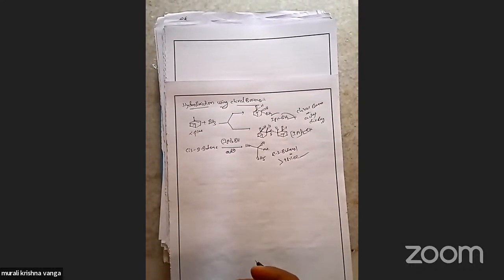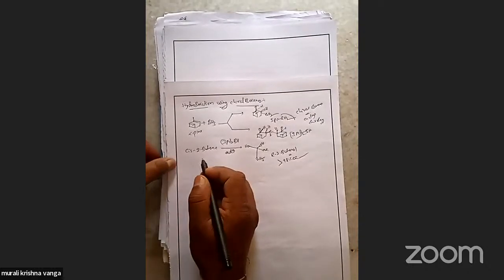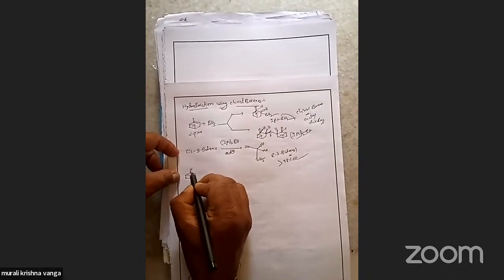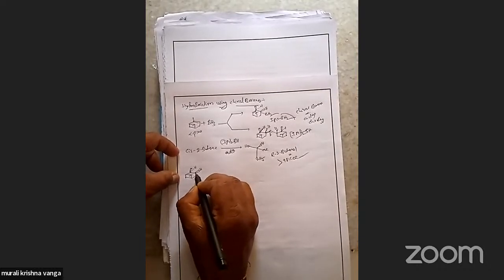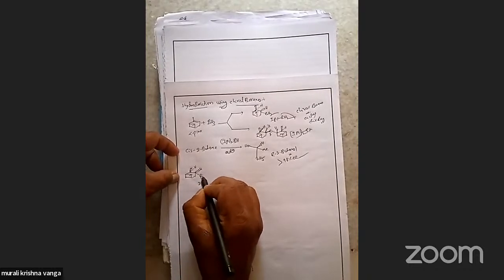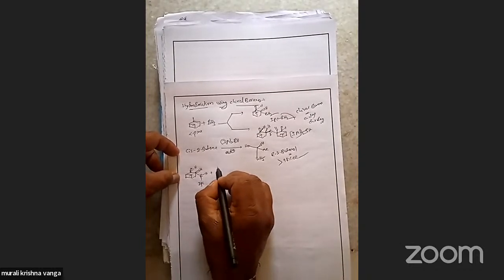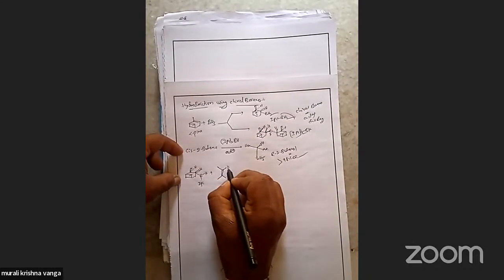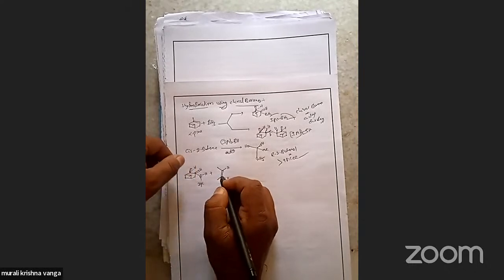Okay, so we are going to discuss the mechanism for the hydroboration of cis-2-butene. The mechanism for this reaction: the borane with hydrogen and IPC reacts with the alkene, here methyl and hydrogen, here two methyls.